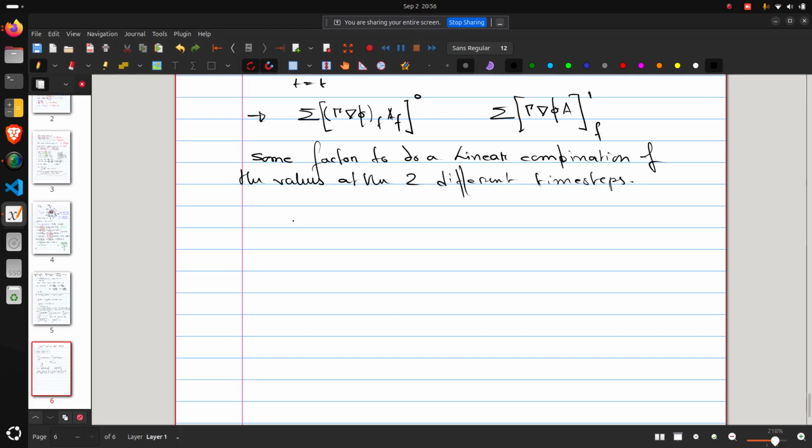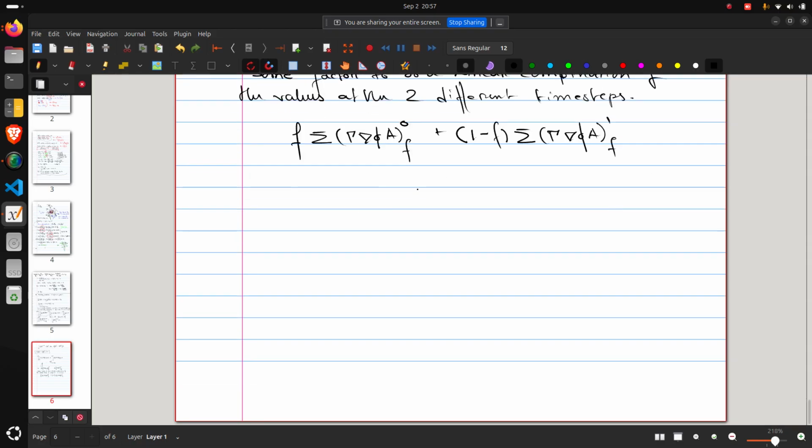It means that we can write it something like this: f times summation of Γ∇φ A at face f at point 0, plus 1 minus f times summation of Γ∇φ A at face f at time 1. Okay, and we have to ensure that f is always less than or equal to 1, and greater than or equal to 0, right?